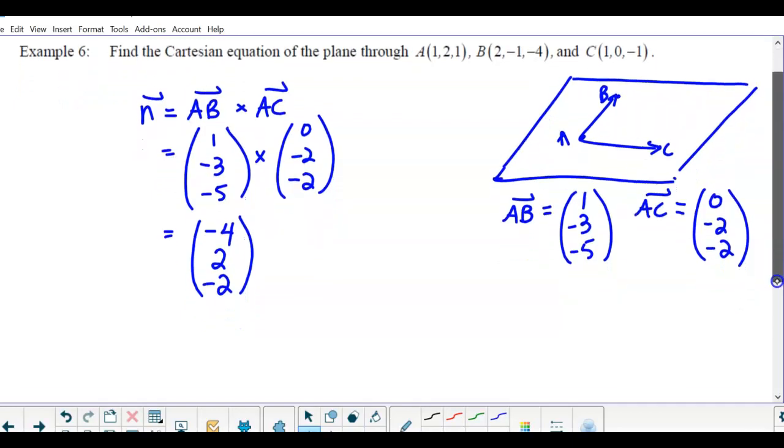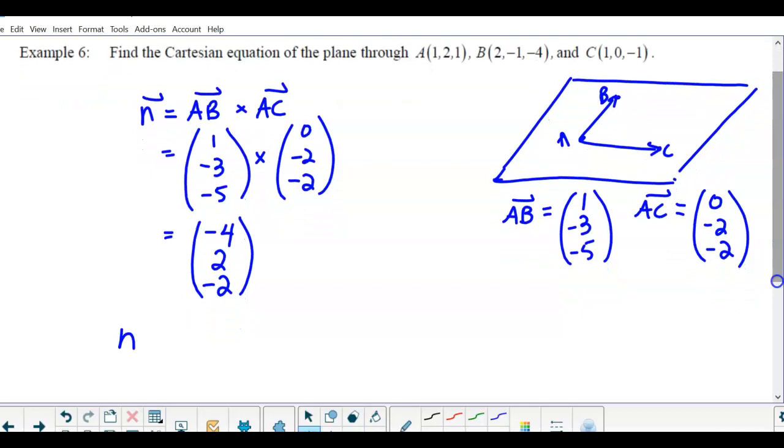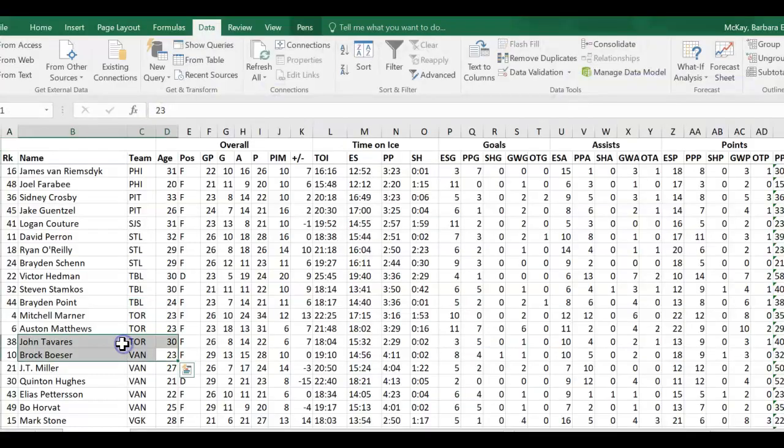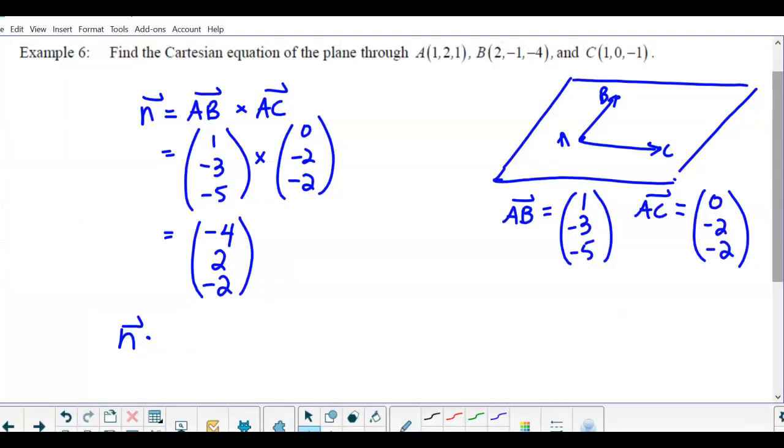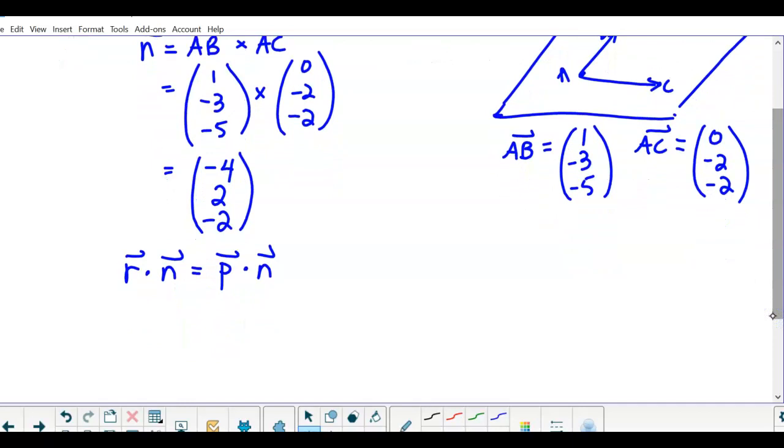Okay, so from here, you can use that definition. R dot n equals position vector dot n. Okay, so x, y, z dot -4 to -2. Position vector, you choose one of those points as a vector. I'm going to choose A. A is 1, 2, 1.